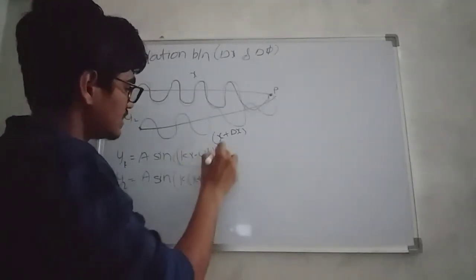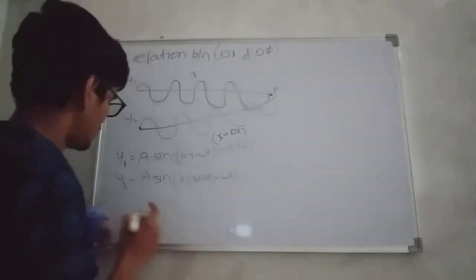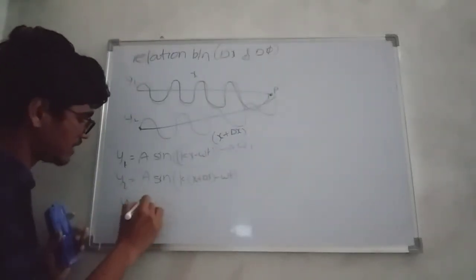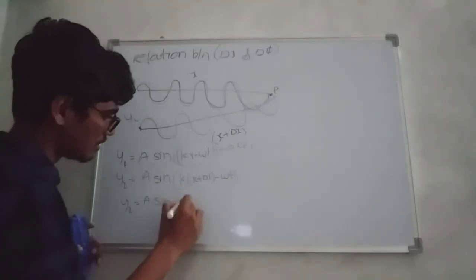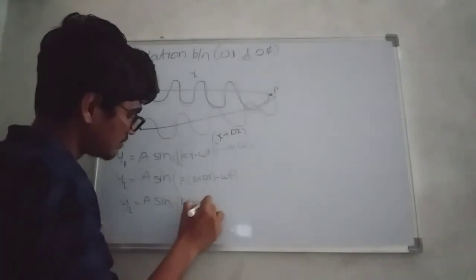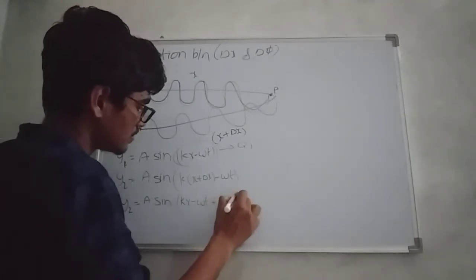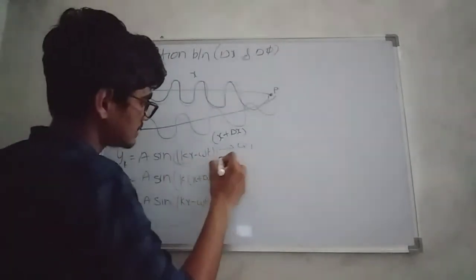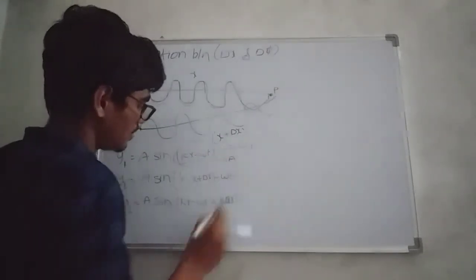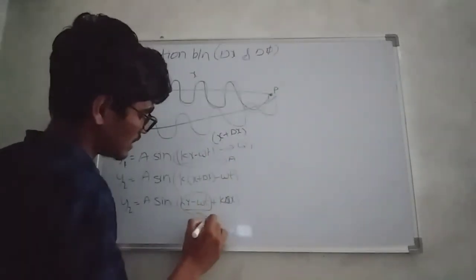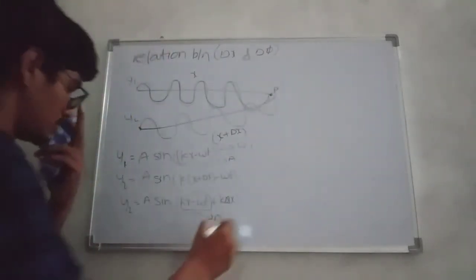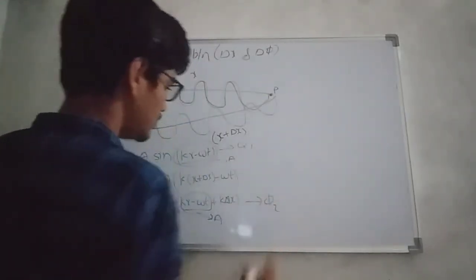We know this is phase 1. We can write y2 in expanded form, and we can write kx minus omega t plus k delta x. If we consider this as a, this also becomes a. So consider this as phase 2.